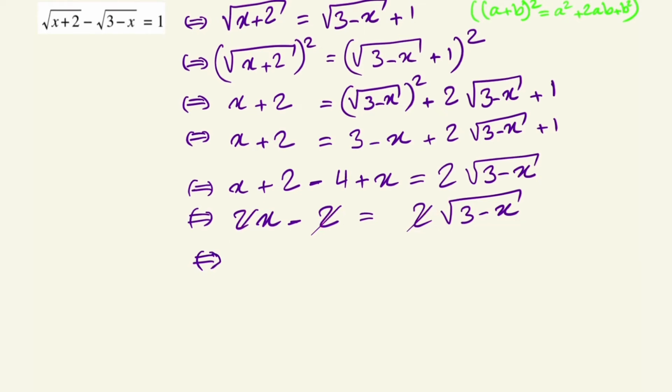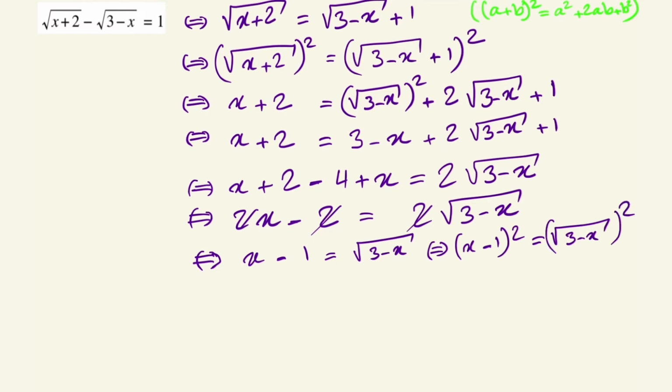So what we're going to have is just x minus 1 equal to the square root of 3 minus x. Let's square both sides. It's going to give us (x minus 1) squared equal to (the square root of 3 minus x) squared.